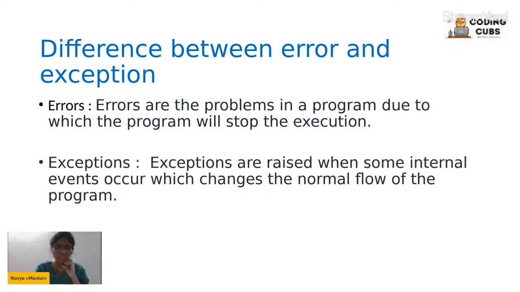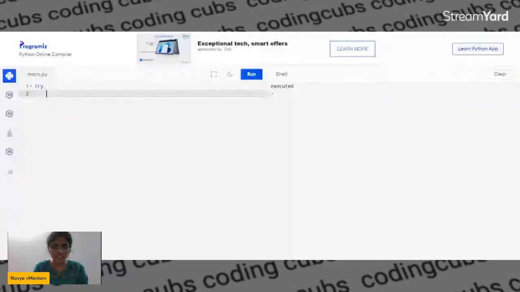So we can, let's take this try: a equals int input, enter, and b equals int input.